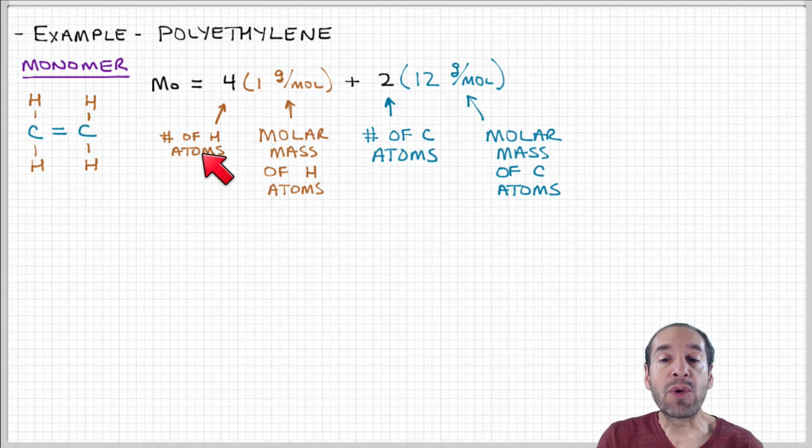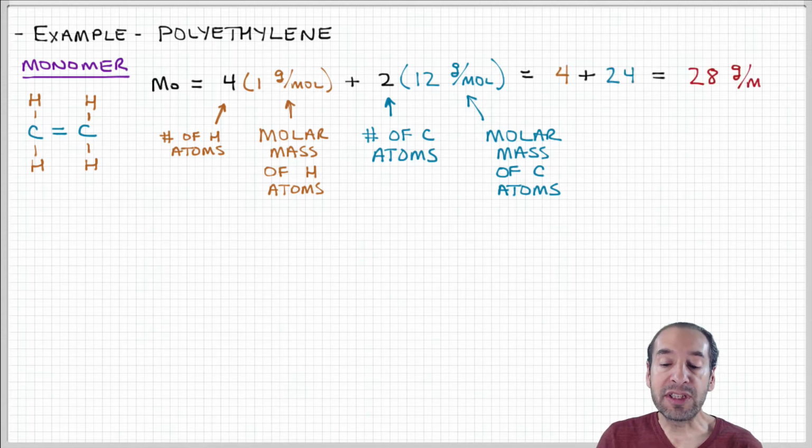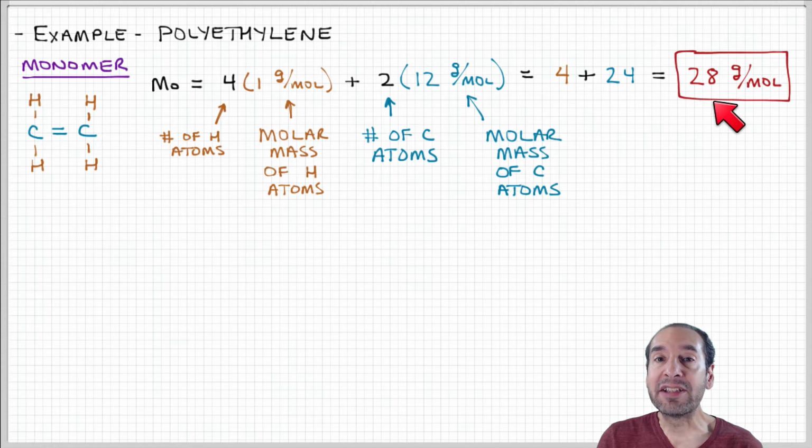So we have 4 hydrogen atoms, and the molar mass of hydrogen is 1 gram per mole, plus 2 carbon atoms times the molar mass of a carbon atom, which is 12 grams per mole. So this gives us then a molecular weight or molar mass of the monomer unit of 28 grams per mole for polyethylene.